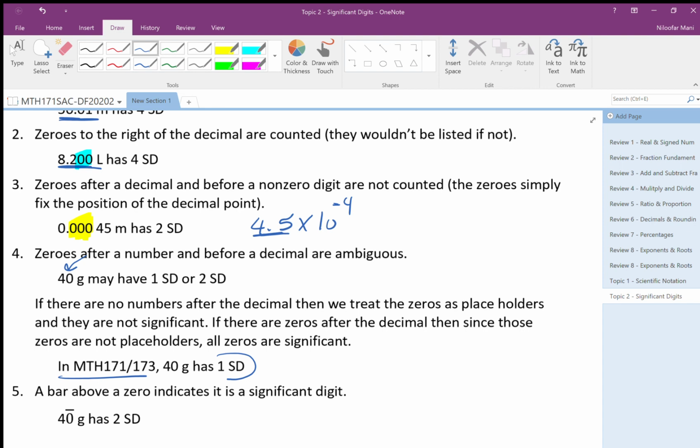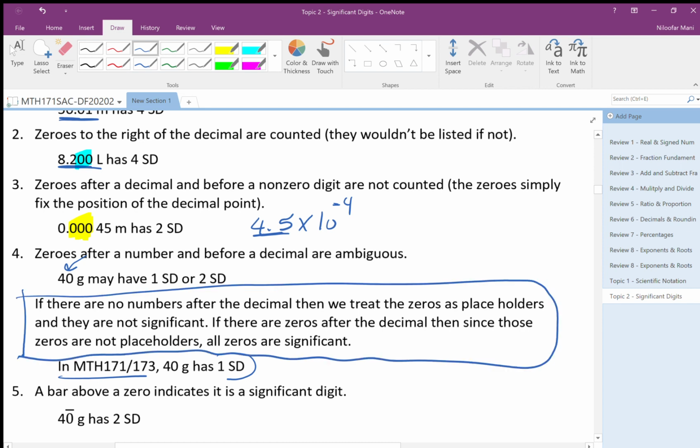If there are no numbers after the decimal, then we treat the zeros as placeholders and they are not significant. If there are zeros after the decimal, then since those zeros are not placeholders, they are significant. Here it's repeating what I said.